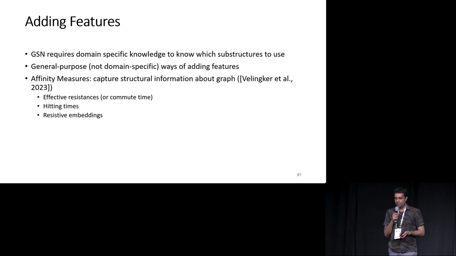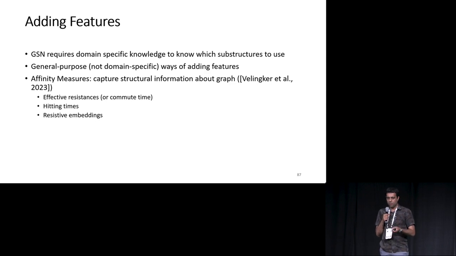Okay. On the other hand, there might be cases where you don't have a ton of domain-specific knowledge and you want some kind of general structural information about the graph. So this is one of the things that was addressed by this work on affinity measures from NeurIPS last year.